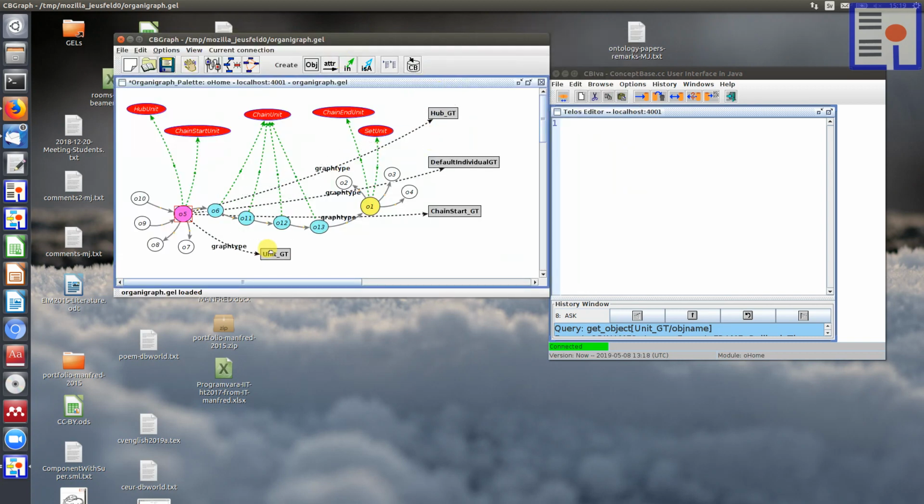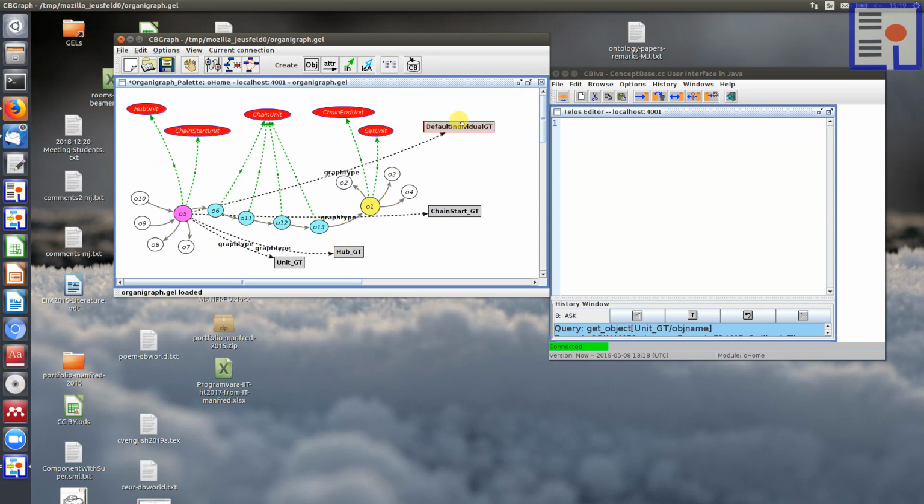So it's a unit like before, so it could be displayed like our O10. It's also a hub unit. It could be displayed like a regular node. Well, we don't consider that. That has the lowest priority. And it also could be displayed as a chain start unit. So we have three choices.